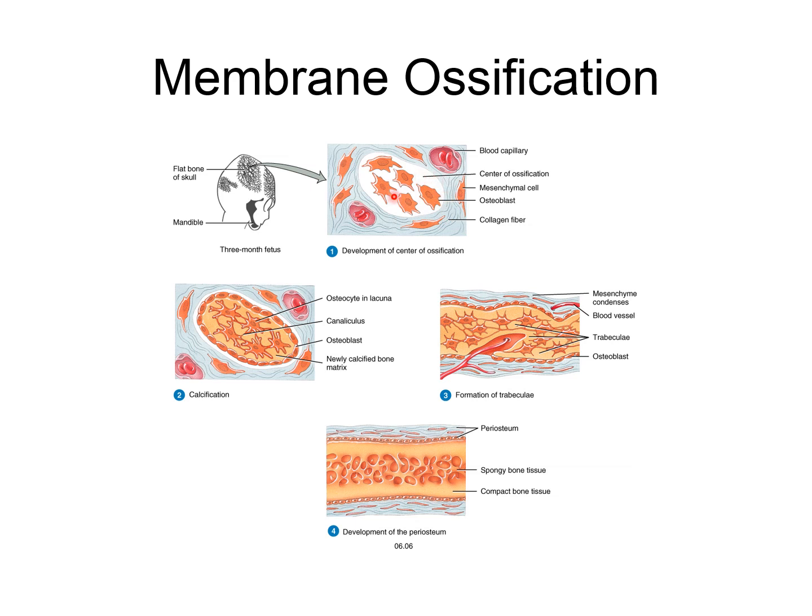We know osteochondral progenitor cells can form both the cartilage and the bone. In membrane ossification, these cells give rise to osteoblasts, and these osteoblasts start to produce the matrix of the bone. These osteoblasts get trapped in the matrix and are now called osteocytes.